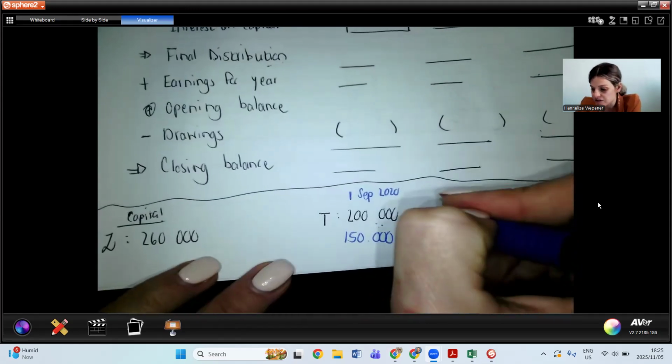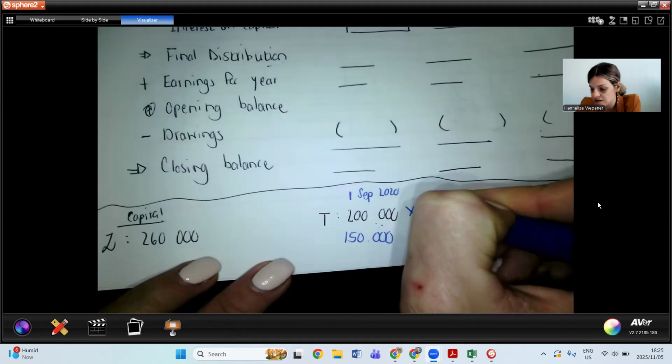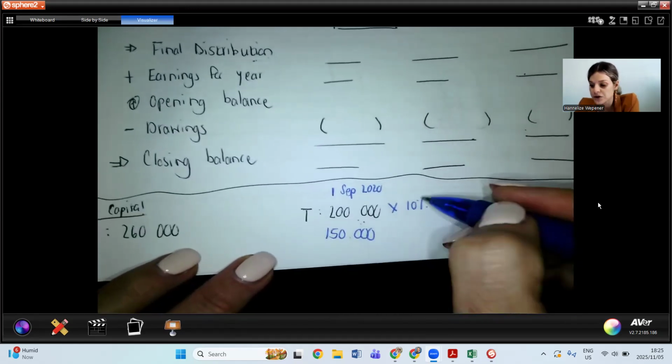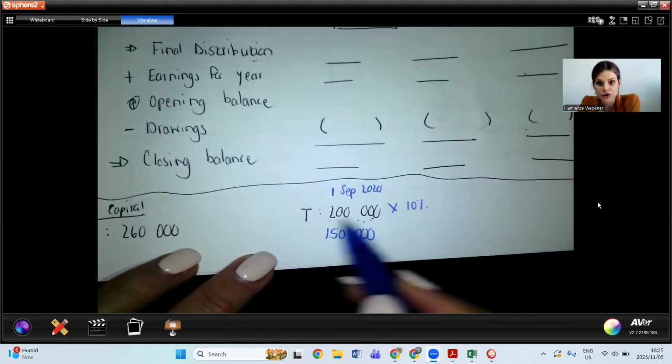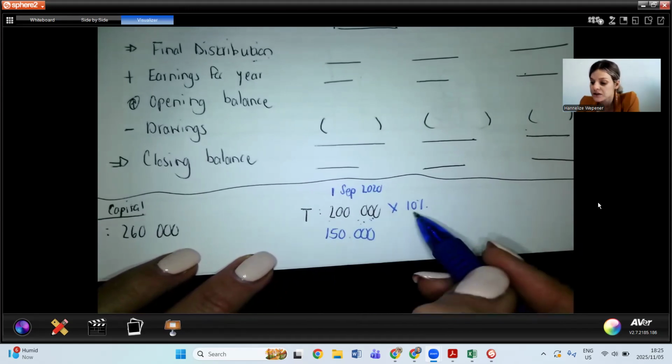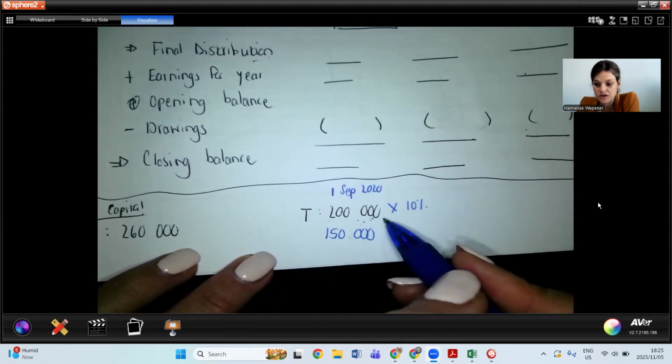And they are saying that they earn 10% interest on their capital per annum. But he didn't have 200,000 Rand in this account for the full year, so per annum. Therefore, he can't earn interest on the full amount.